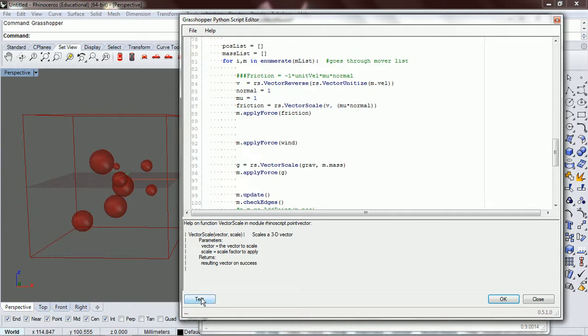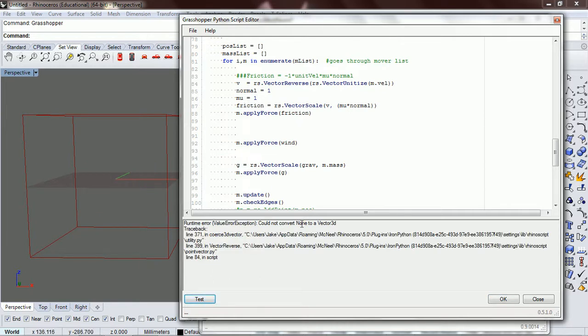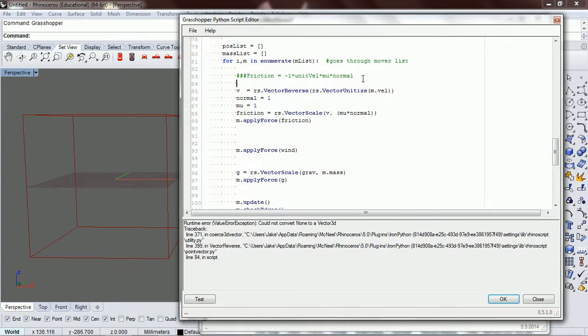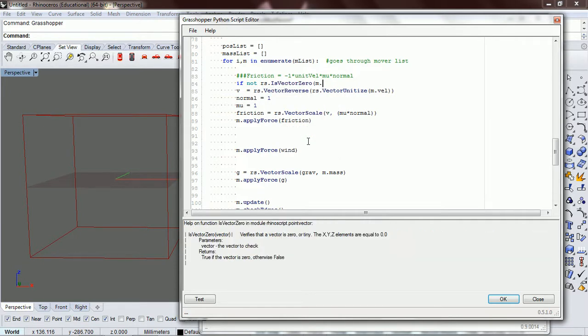So let's test this. It could not convert none to a vector 3D. Line 84. So if this is 0, 0, 0, then it can't do any of this code. So we are going to say if not rs dot is vector 0, and we're going to pass in m velocity.